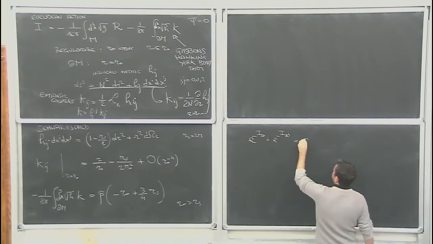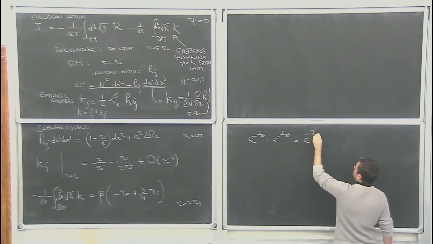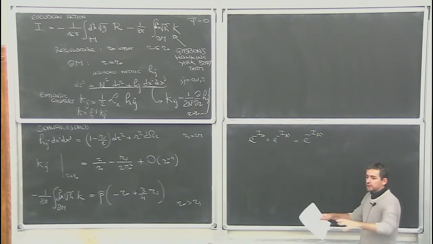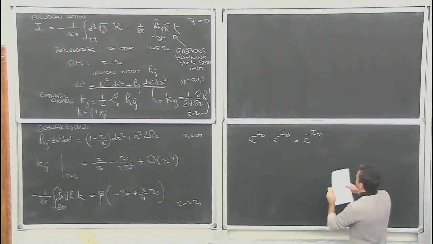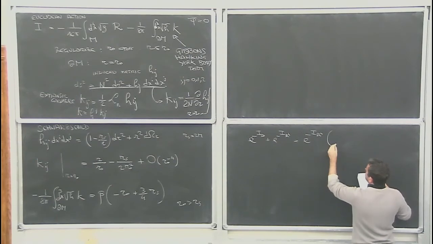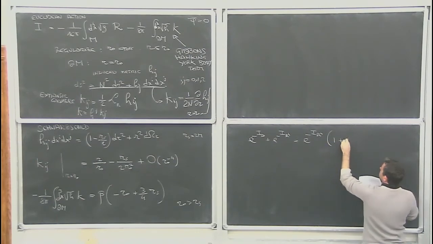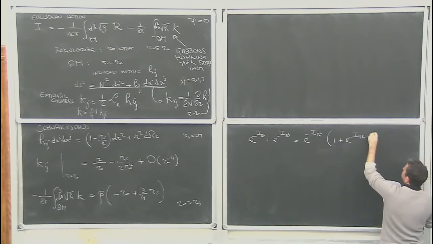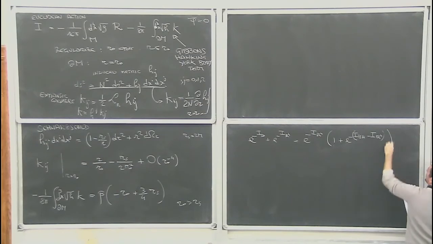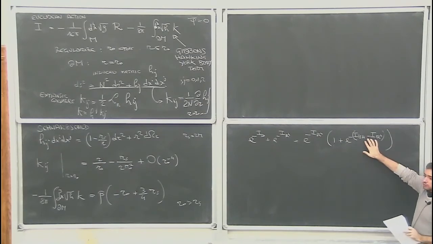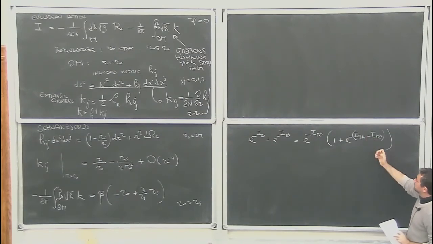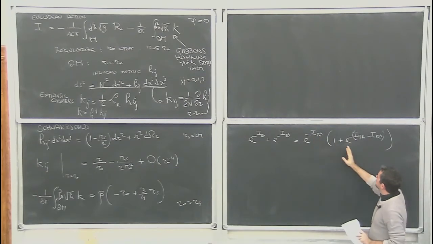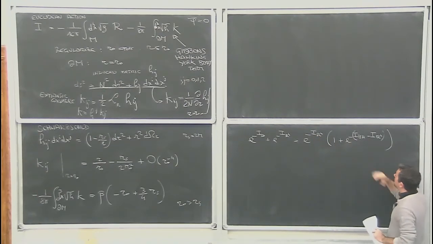So the actual thing is to say, okay, I have an overall factor that is determined by somehow the vacuum, that is the action of R4. And then I compare, so this is e to the minus the action of the black hole minus the action of flat space. And I want to understand what's this contribution to do the thermodynamics. This I consider trivial, and I factor it out, and then I play with this.